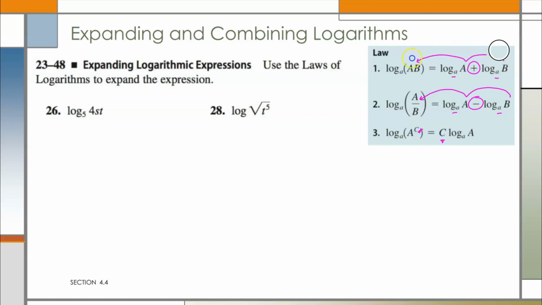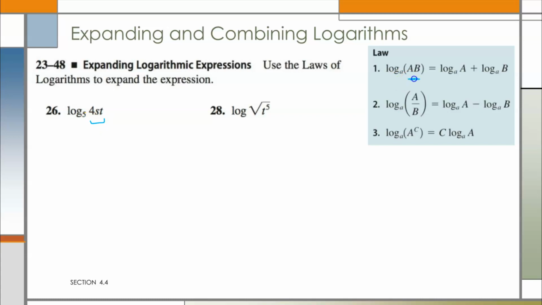Okay, so let's look at how we can work with these laws in the problems of section 4.4. What operation do we have? Here we have the operation of multiplying.